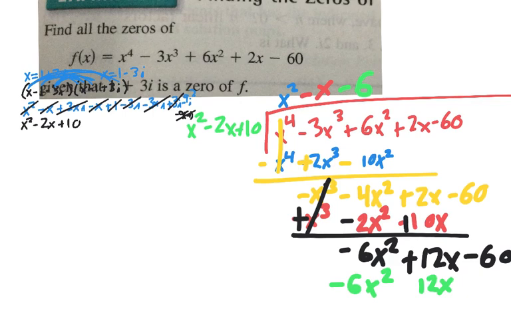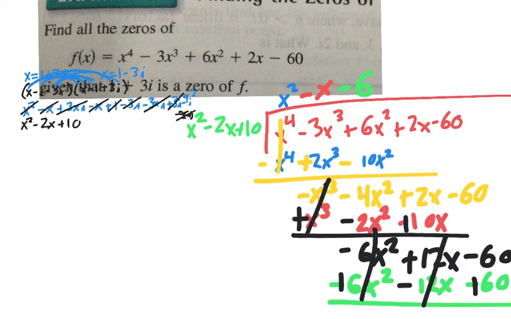And then negative 6 times 10 is negative 60. And then I'm going to change all these signs. So this cancels, cancels, cancels. Remainder 0, which is what I said was going to happen because it is a factor.